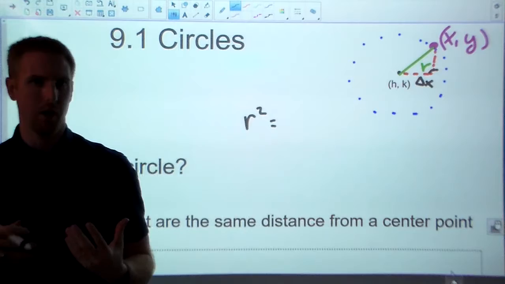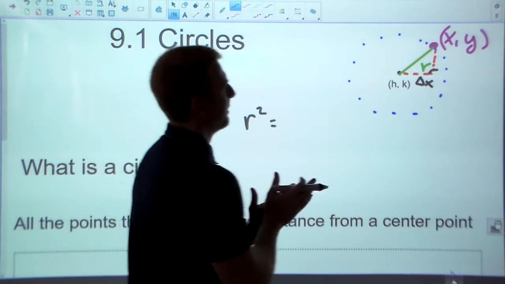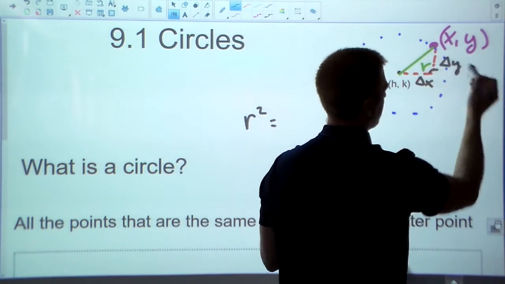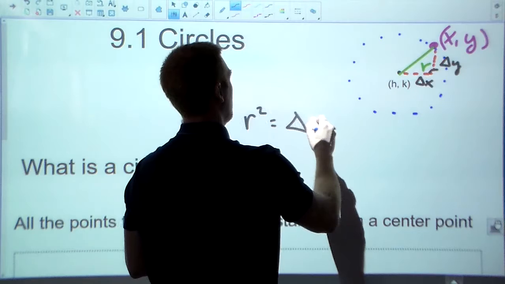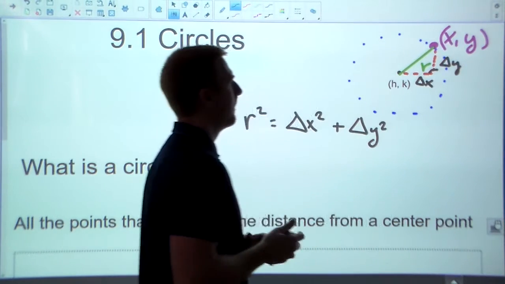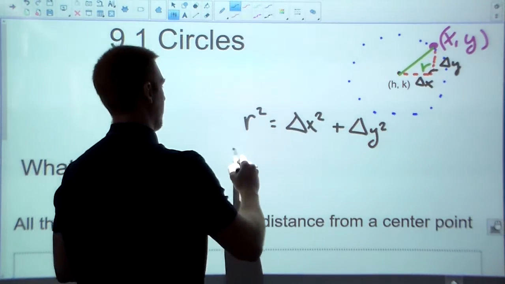That's something you'll start seeing a lot more moving into calculus and physics. You'll probably see it in chemistry too. This change in the y direction, we'll call that delta y. So whatever the change in x is squared plus the change in y squared, that's going to be our distance formula.